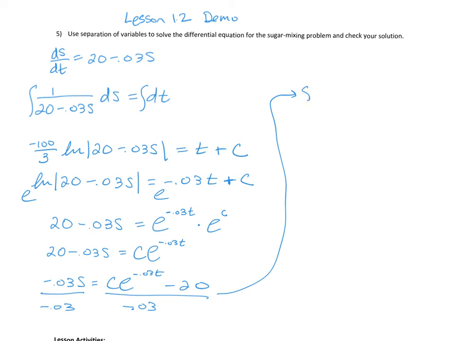So I get s equals arbitrary constant c divided by negative 0.03 is just a new arbitrary constant, so I'm just going to call it c again. And 20 divided by 0.03 is 66 2/3. Oh, sorry, 666 2/3.